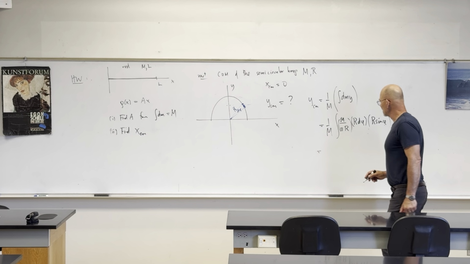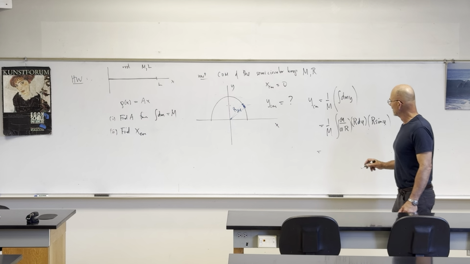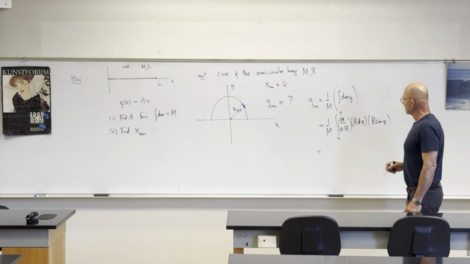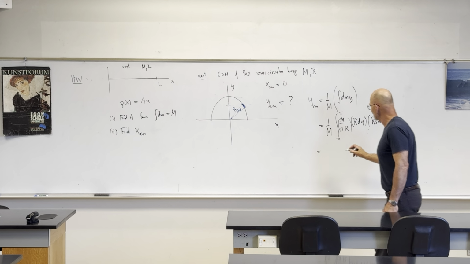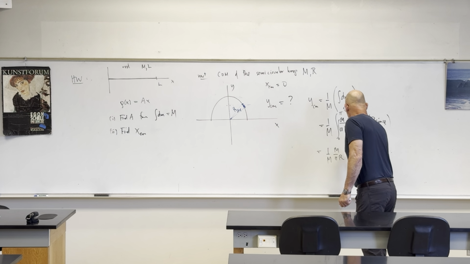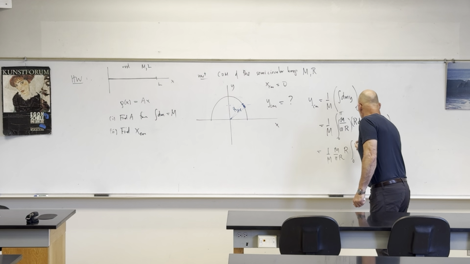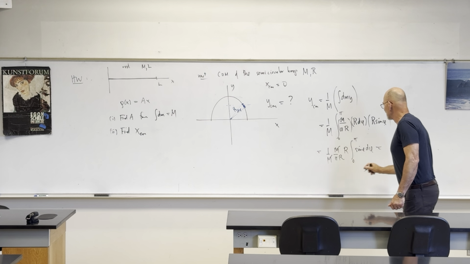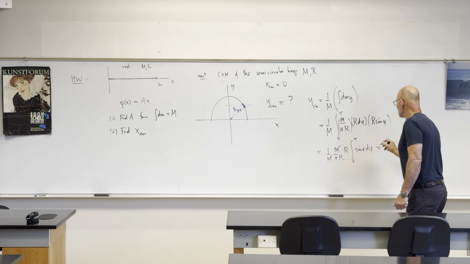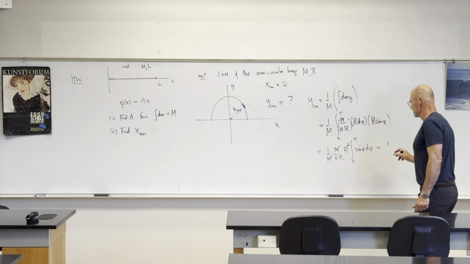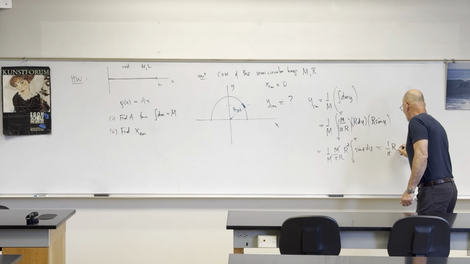And what are the limits of integration here? From 0 to pi. So 1 over M times M over pi r, and the integral from 0 to pi of r sine phi times r d phi. So I've got an r squared, and we've got 1 over pi r.